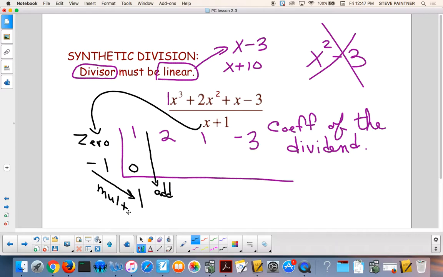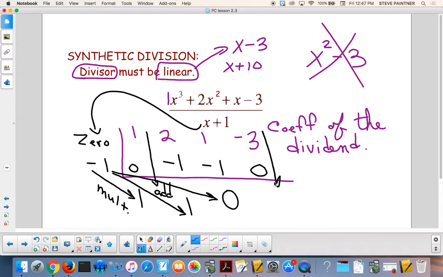So diagonal is multiply, vertically is add. This times this is -1. Now we're going to go down and add. This, 1. Now we've got to diagonally multiply. Then add 0. Diagonally we multiply. That times that is?